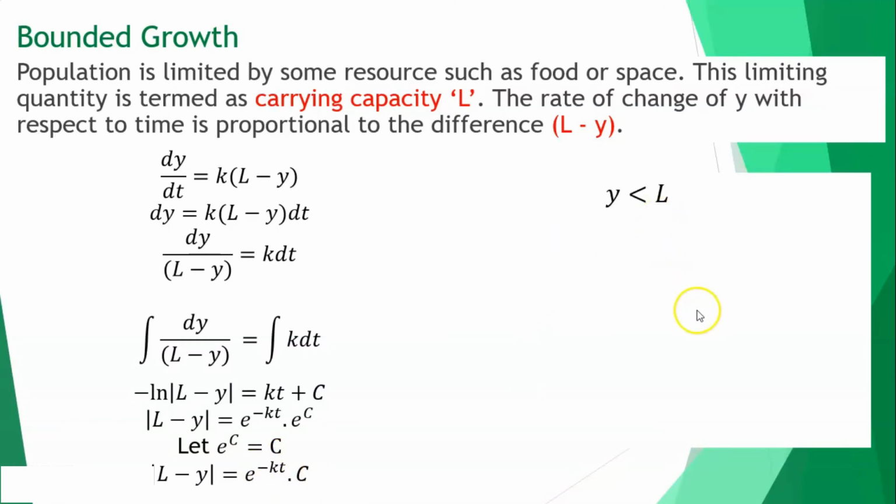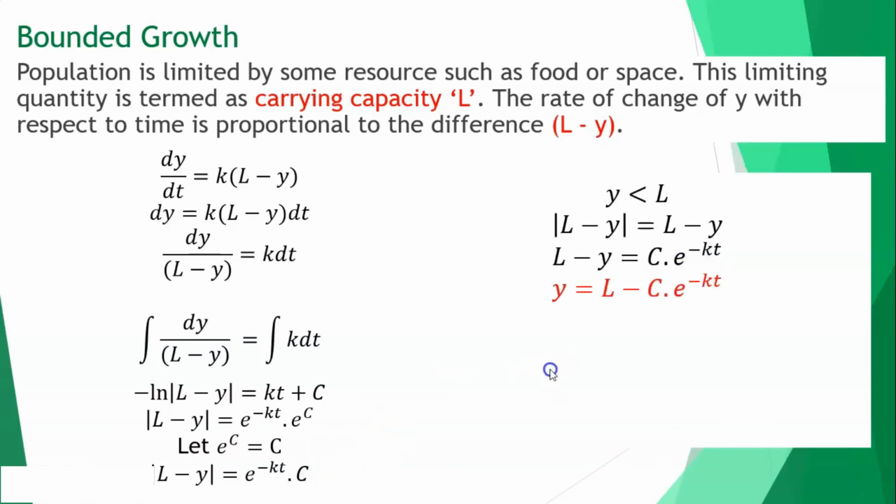So, L minus y is equal to c times e to the power of negative kt.